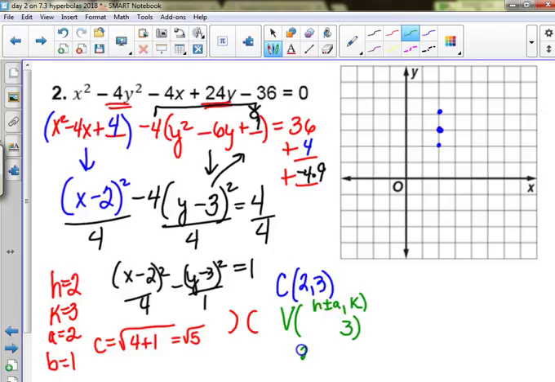So 2 plus or minus 2 would make them at 4, 3, and 0, 3. So 0, 3, and 4, 3, and those are the vertices. What do I do next? Becca?